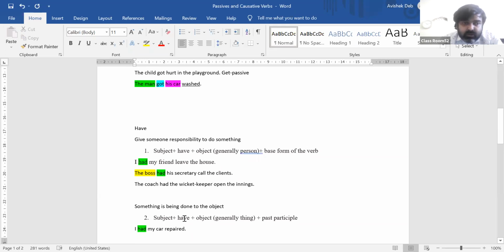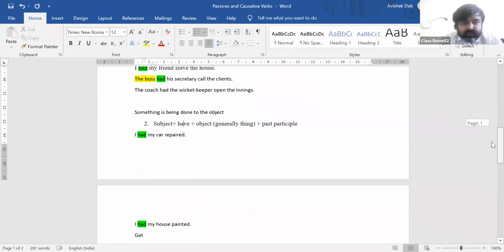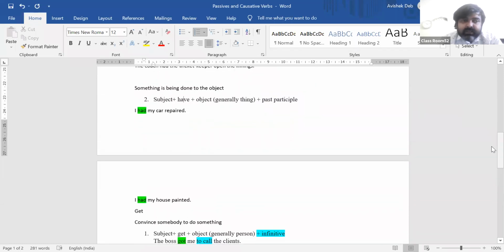Coming to the second part, where the object is a thing. Here, subject plus have plus object, which is a thing, is succeeded by a past participle. So here you will say, I had the cable connection cut off.